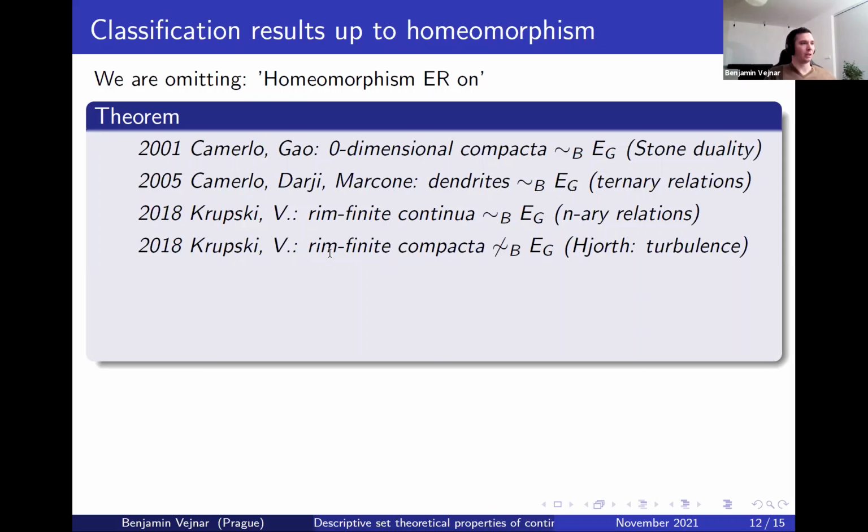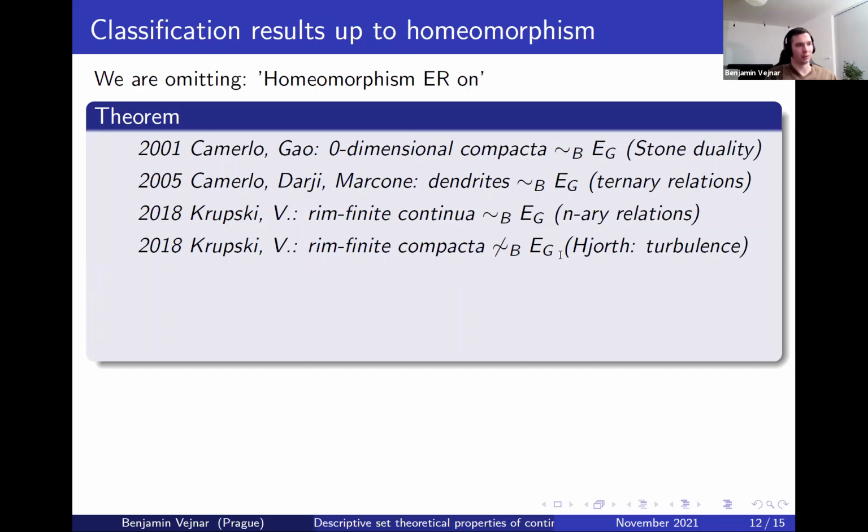But we considered the class of ring-finite compacta, which is a natural class which contains both zero-dimensional compacta and dendrites. But it was a big surprise for us when we realized that actually this is too complex.